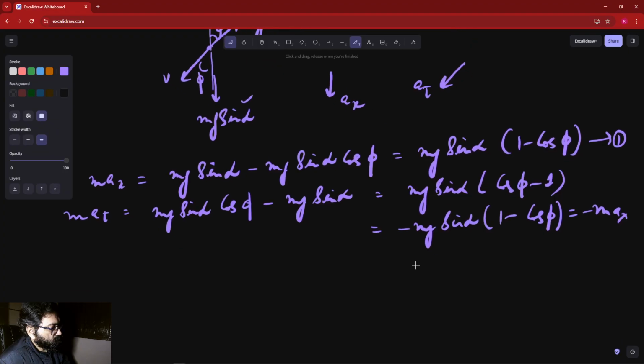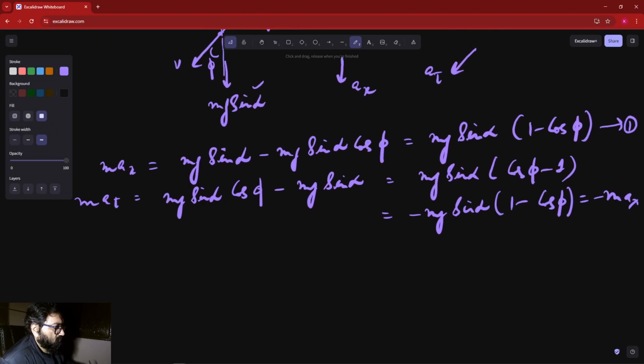Okay. Therefore, m AT is nothing else but minus m ax. Okay. This implies AT is equal to minus AX. Okay.